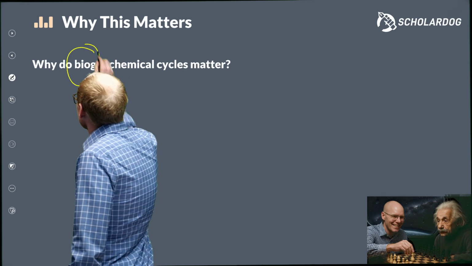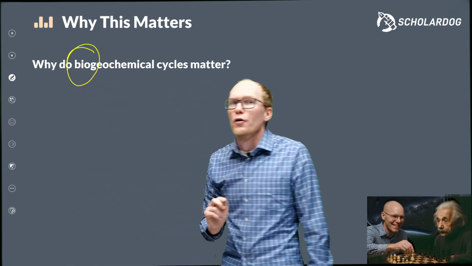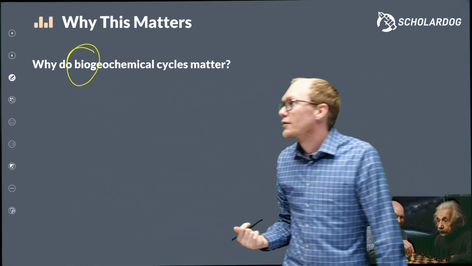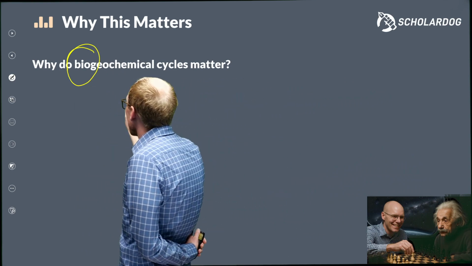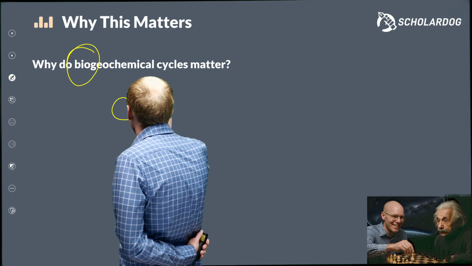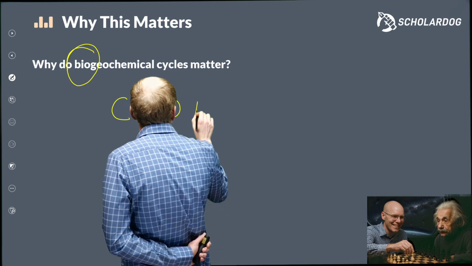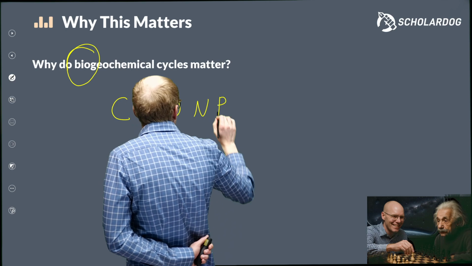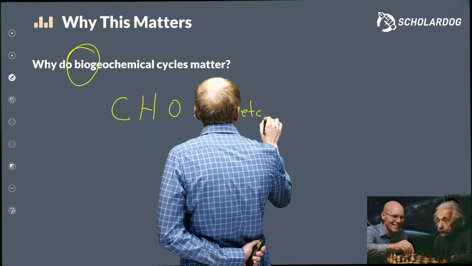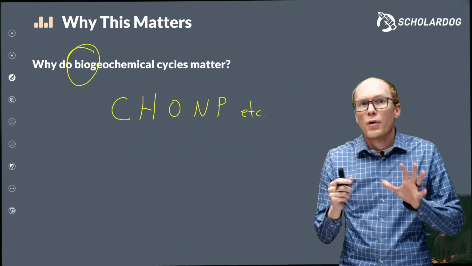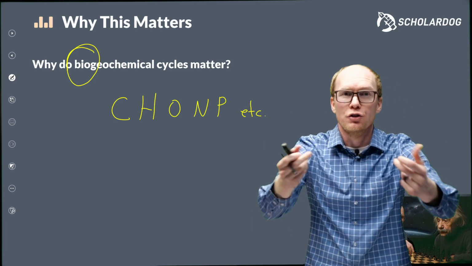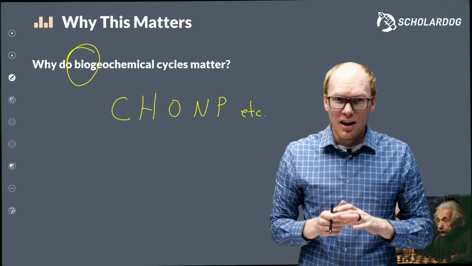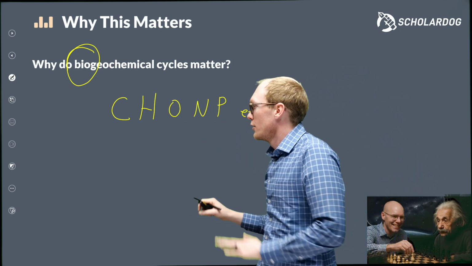Notice the first key suffix is bio, biological, living things. In fact, we know that living things are composed of the following elements: carbon, hydrogen, oxygen, nitrogen, phosphorus, and a little bit of other things. But these are the big 5 elements that make up most of what makes you, a plant, and other things chemically speaking.